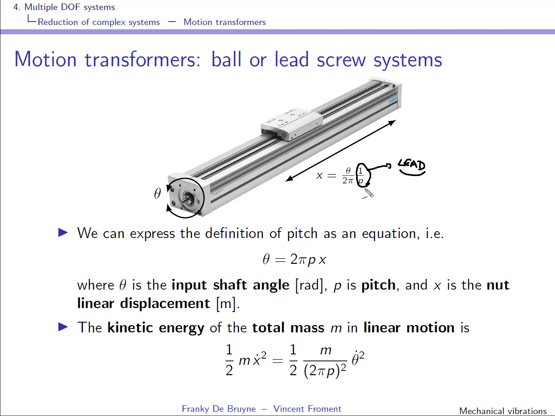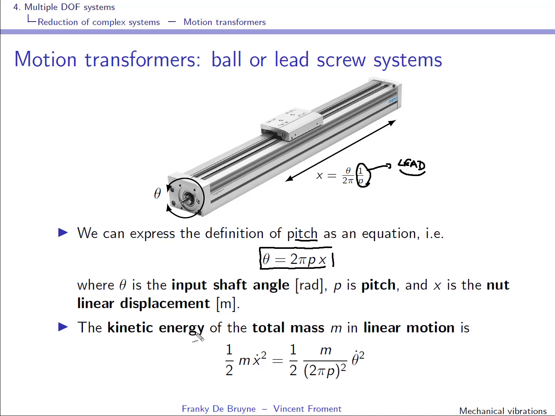Okay, so this is the relation that links x and theta. You can write it like this, and as I said, P here is the pitch. Theta is expressed in radians, it's the input shaft angle, and x is expressed in meters here, and it's the nut linear displacement.